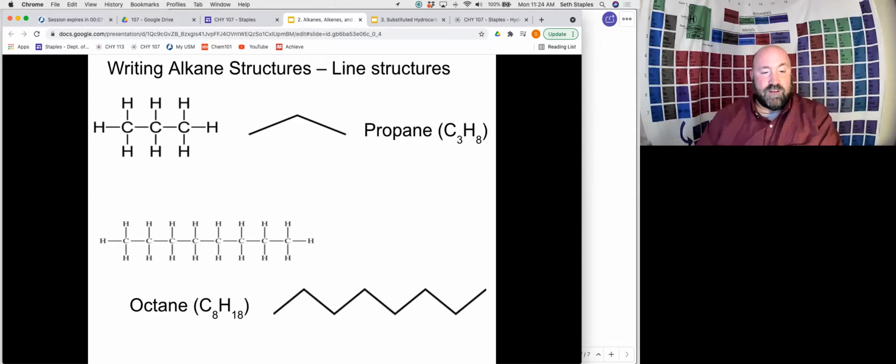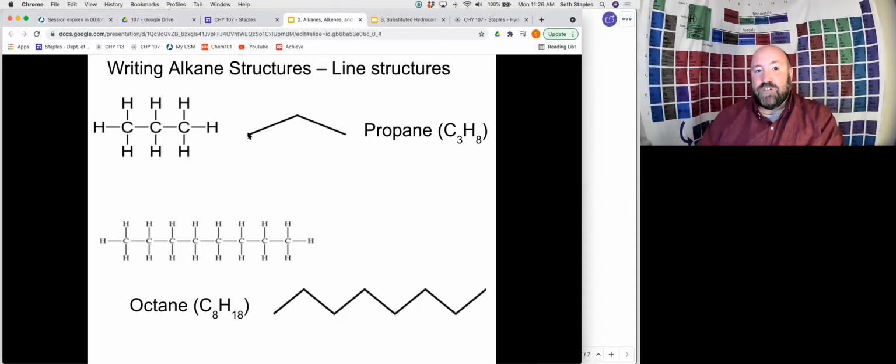And so, for instance, here we have a Lewis structure for propane. If we were to write a condensed structure for that, it would simply be CH3, CH2, CH3. But here's our line structure for propane. And so right here at this vertex, at this point, this is a carbon atom.